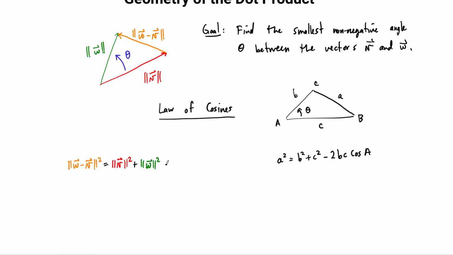And then subtract off 2 times the product, length of v times length of w, times the cosine of our angle theta here. All right, and so this is what we want to work out.